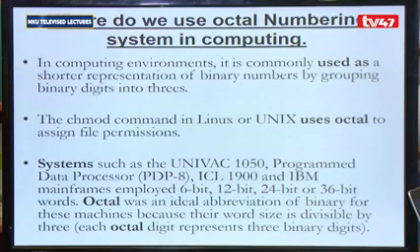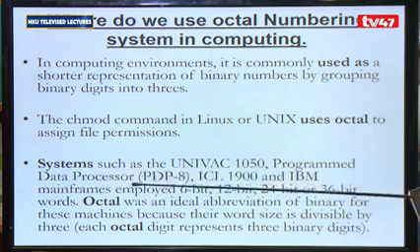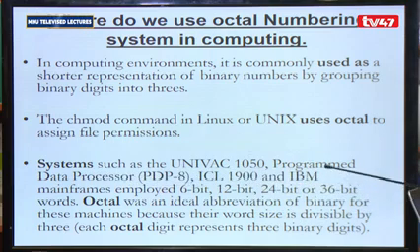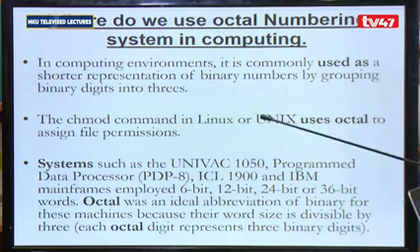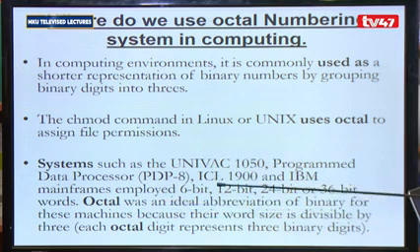Again, some systems that were designed earlier, like the Universal Automatic Computer, the Programmed Data Processors or PDP, and some machines produced by IBM, that is the mainframe computers, were using 12 bits, 24 bits and 36 bits.